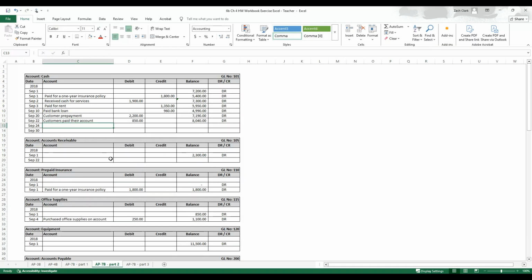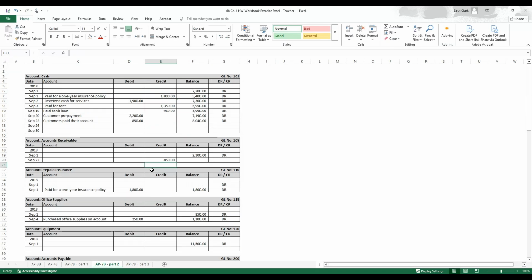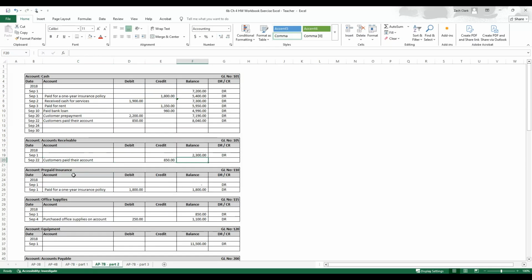Put the explanation in, and here we've got a decrease to accounts receivable. So that was a credit to accounts receivable of $850. We'll link our explanation, and then this will be a reduction. So the balance before minus the $850 brings it down to $1,450.